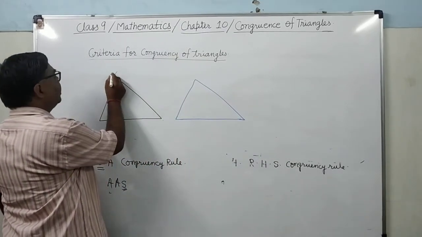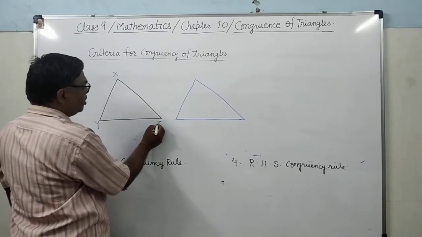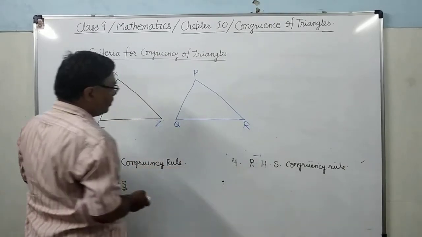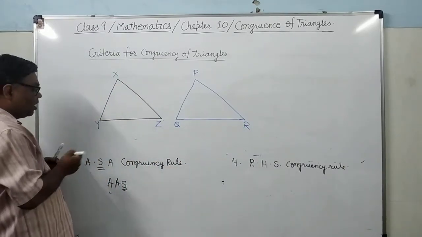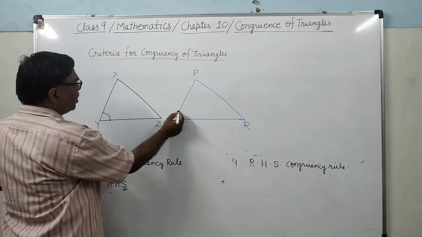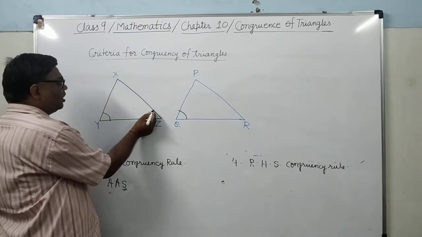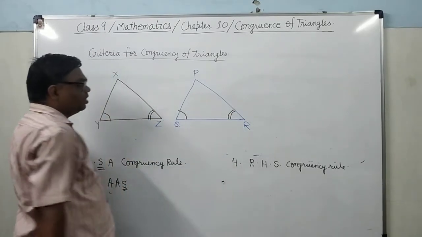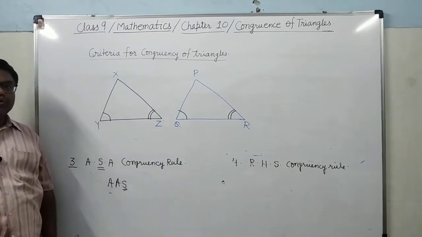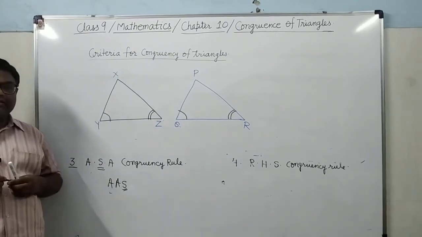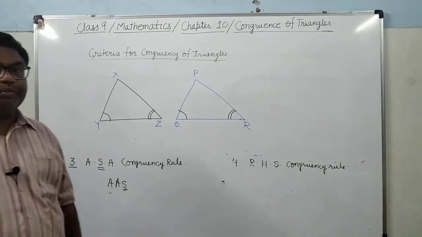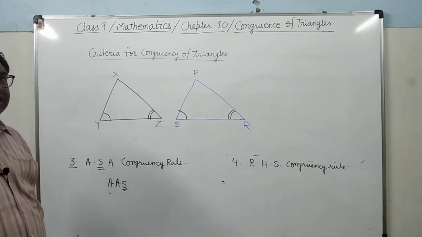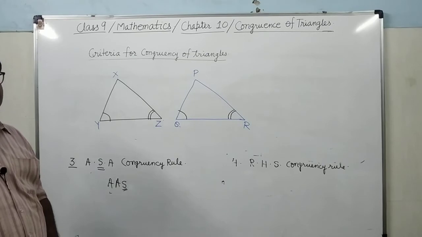This is triangle XYZ and this is triangle PQR. Here angle Y is equal to angle Q. Angle Z is equal to angle R. Now see here, if between two triangles, two pairs of angles are equal, then the third will automatically be equal.